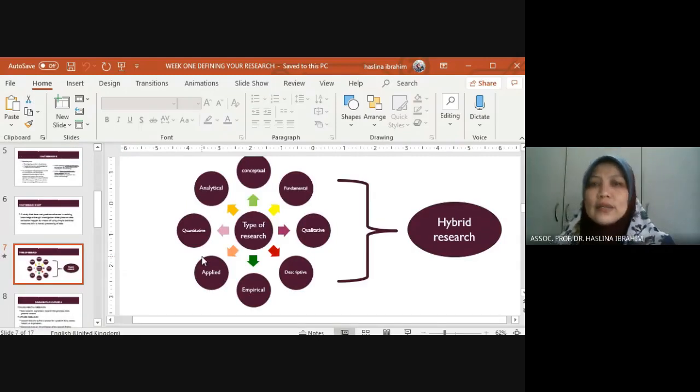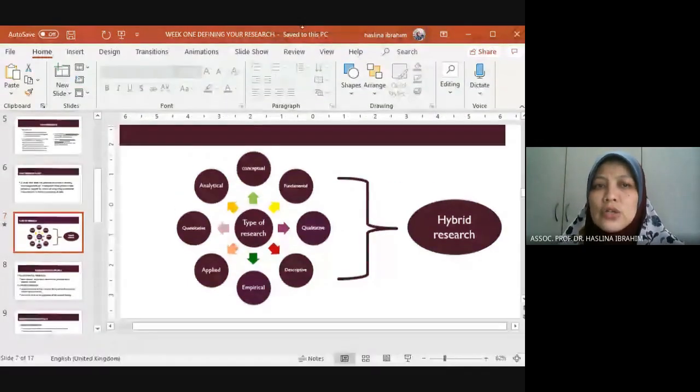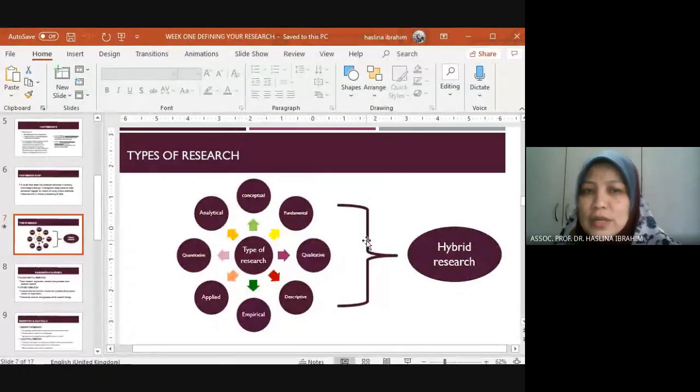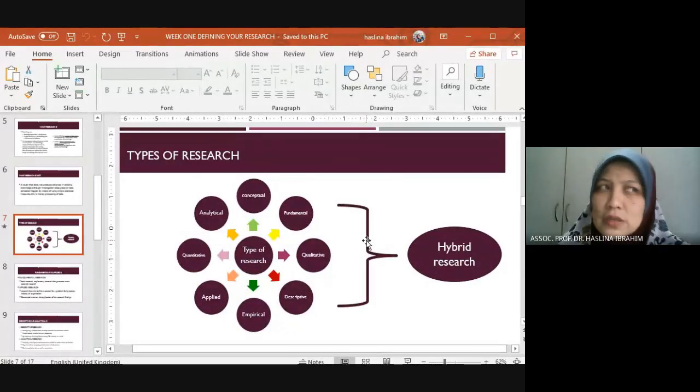All right. Now let me also guide you. Maybe you have something in your mind, so you need to know what type of research you are about to embark on. Looking at this slide, you'll find that your research can be categorized into 8 types.